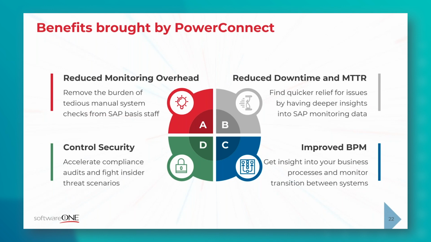The fourth point in this diagram, I would say, is business process monitoring. What we enable is a monitoring facility for SAP iDocs. iDocs are the exchange format for SAP systems with other SAP systems, but also for SAP systems with non-SAP systems.